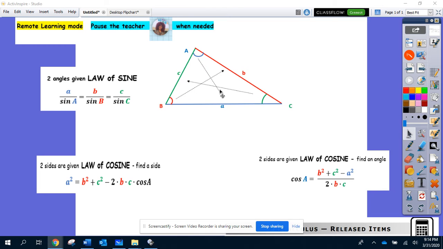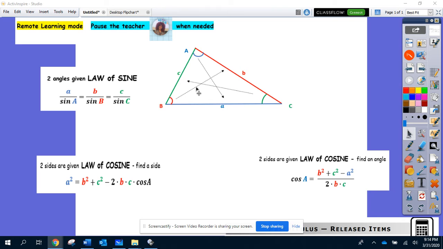These arrows emphasize the idea that in front of the angle A, for example, is the side lowercase a. So this lowercase a is opposite the angle capital A. The same rule is applied for B and the same rule for C. That's why I used colors and arrows to emphasize this idea.